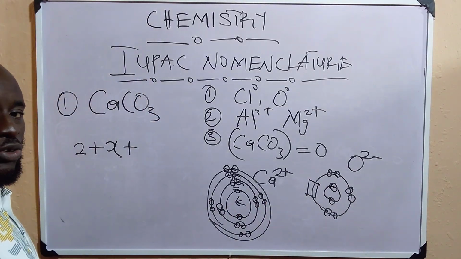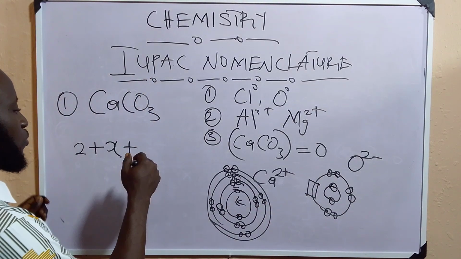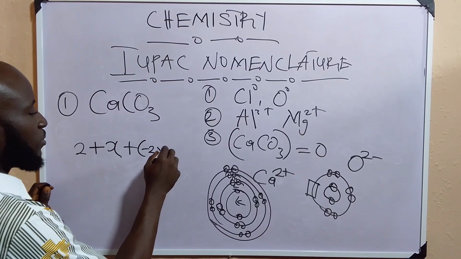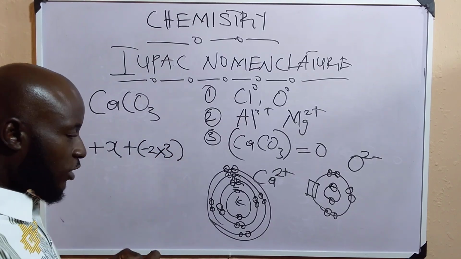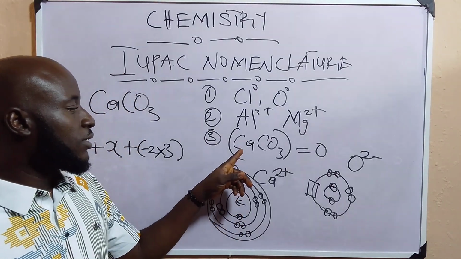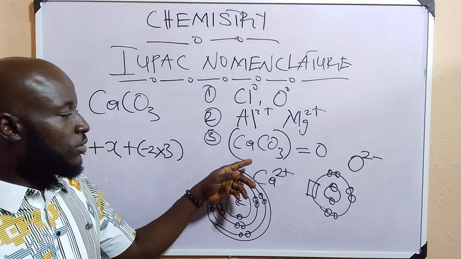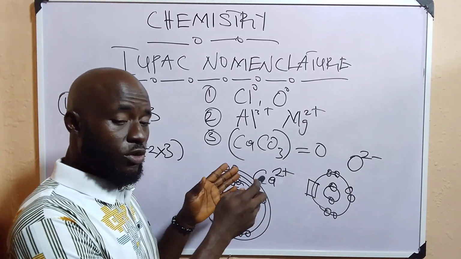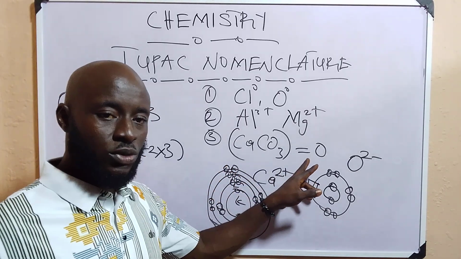Coming here now, the oxidation number of oxygen is minus 2. That is minus 2 times 3, because we already have 3 here. But remember that the summation of the oxidation numbers of a compound is equal to 0.